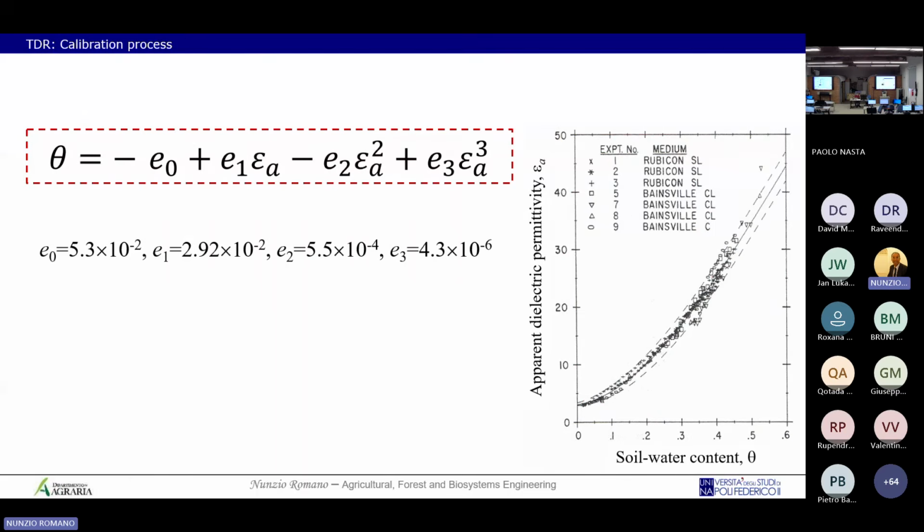But if you make your own calibration, of course, you have to make the measurement more times and try to quantify the coefficients, for example, of this polynomial equation, and to quantify not only the average value that you see here, but also the uncertainty in each of these coefficients. And this is the point on the calibration.